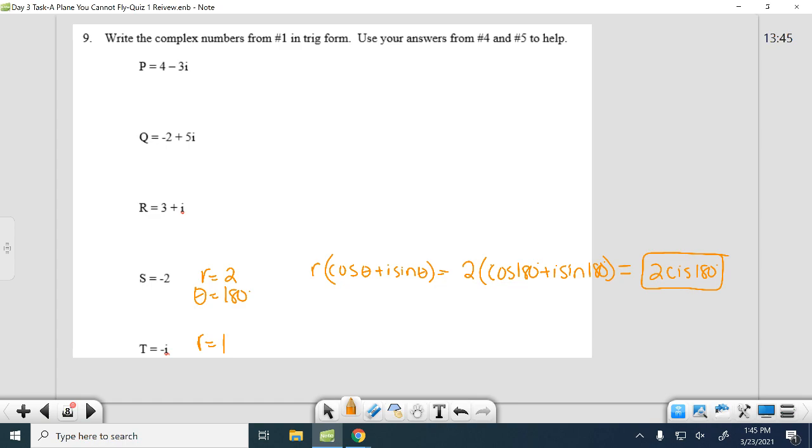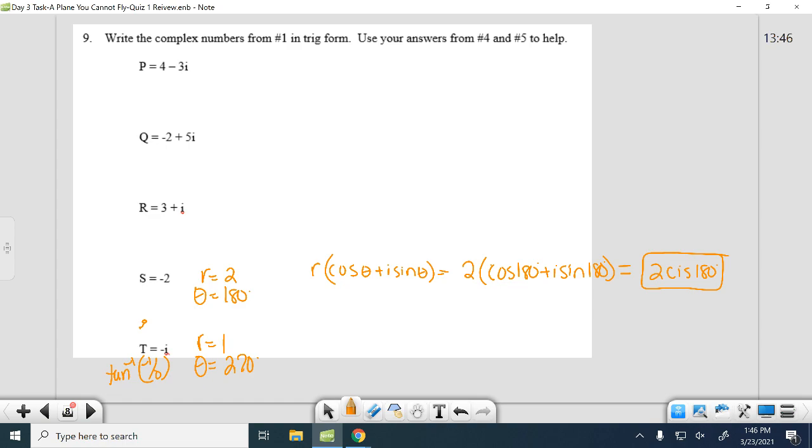And then in example 5, hopefully you realized that our theta would actually be 270 degrees, because this was tangent inverse of negative 1 over 0, which is undefined, and tangent is undefined at 270.